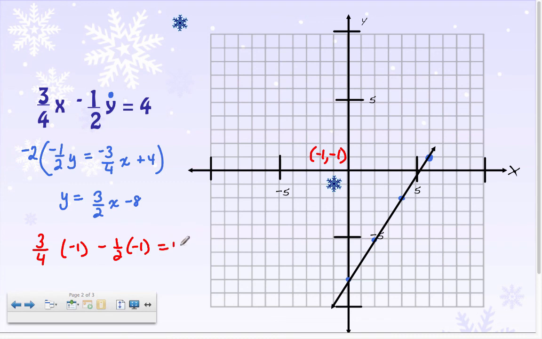Is that going to get me 4? Well, -3/4 plus 1/2. Does that get me 4? No, of course not. It's not on the line. But if this snowflake were to gently fall on the line, it would return a true value.